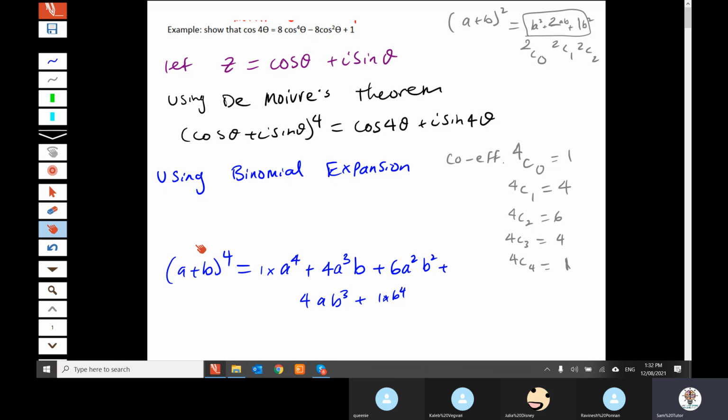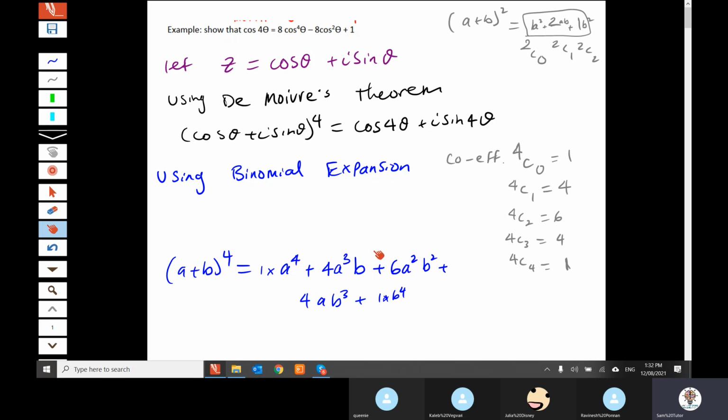Julia, what do you think? A to the 4, A cubed, A squared, A, and then disappears. B, B squared, B cubed, B to the 4. 4, 3, 2, 1, no more A's.